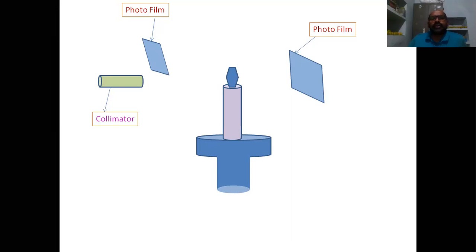Okay, so we see how the X-rays come, scatter and fall on the photographic films with this still animation. Just like this, the ray comes in this direction, falls on the crystal and gets scattered in different directions around 360 degrees, in all directions.